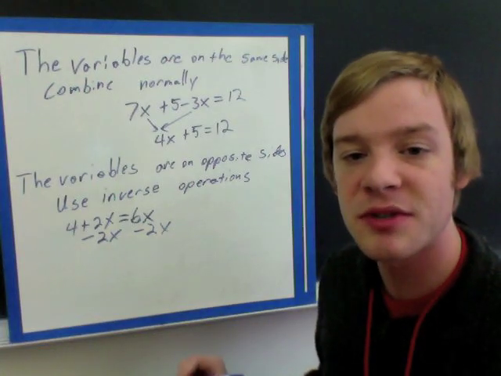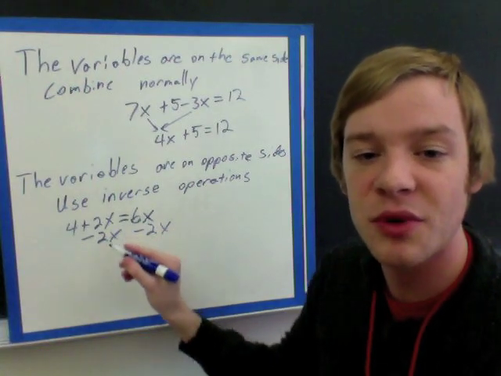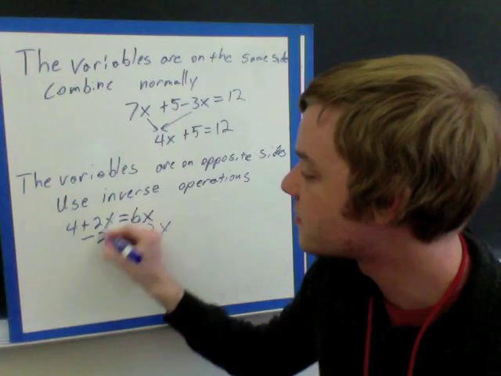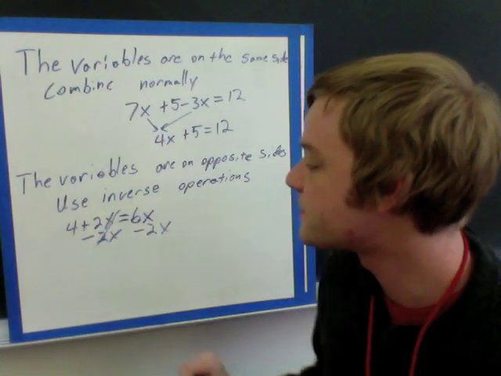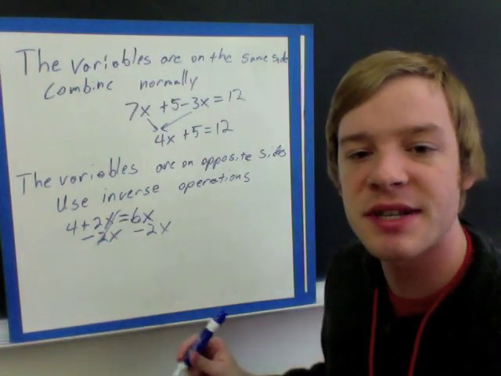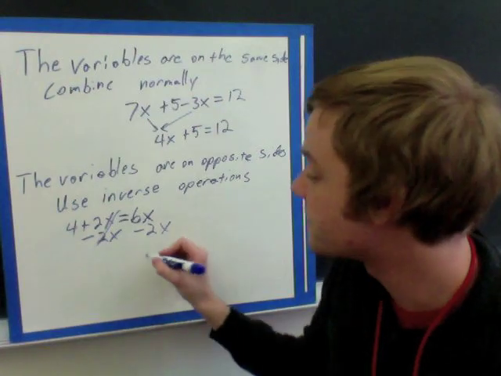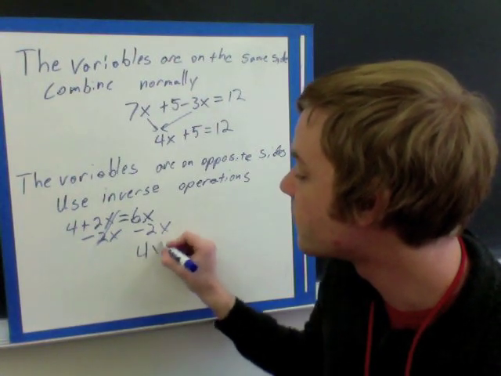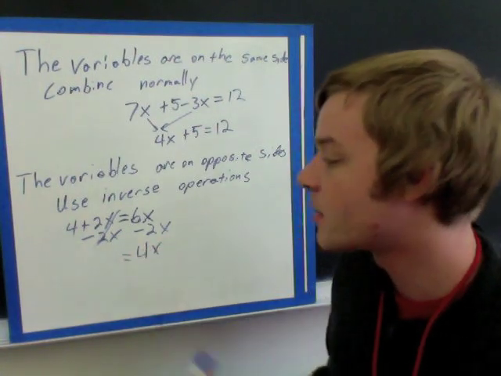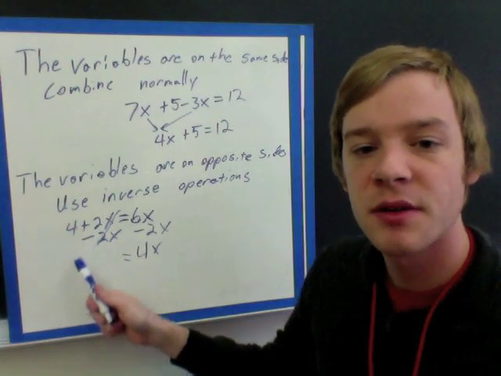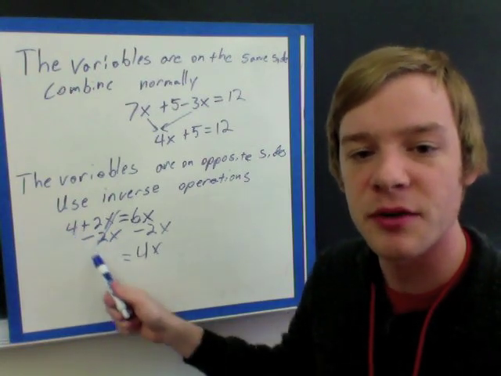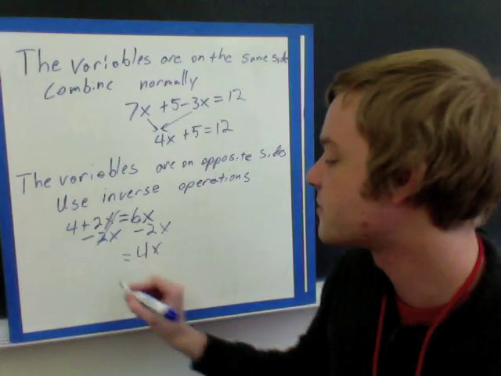So we subtract this on both sides. These will cancel out. And then over here, 6x minus 2x will give me 4x. On the left side, the only thing remaining is this 4, so we can bring that down.